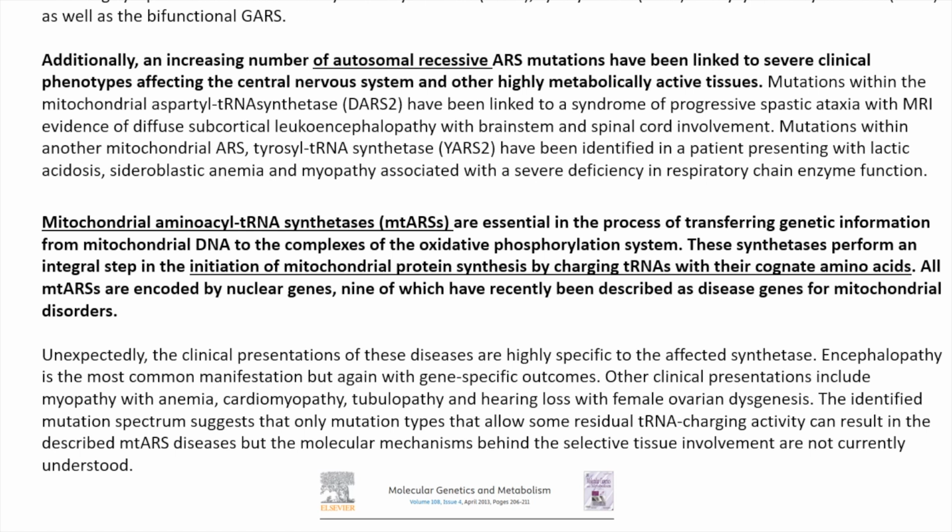That is different than what we call the cytoplasmic aminoacyl tRNA synthetases, the ones that do this in the cytoplasm, the protein synthesis that takes place for the other genes. So when they don't end in a number 2, these are autosomal dominant mutations, and these can cause neuropathy. So this is when, again, it doesn't end in a 2.